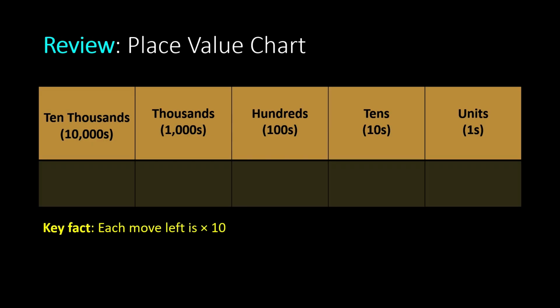Each place to the left is 10 times greater than the place to its right. Here's the number 43,285 in the chart. This will help you identify the units, tens, hundreds, thousands, and 10,000s, and it will also help with rounding.